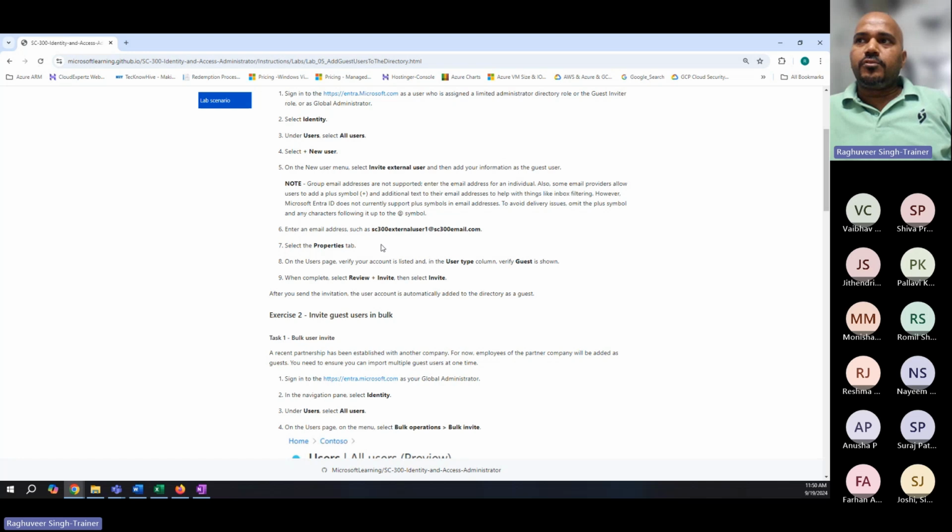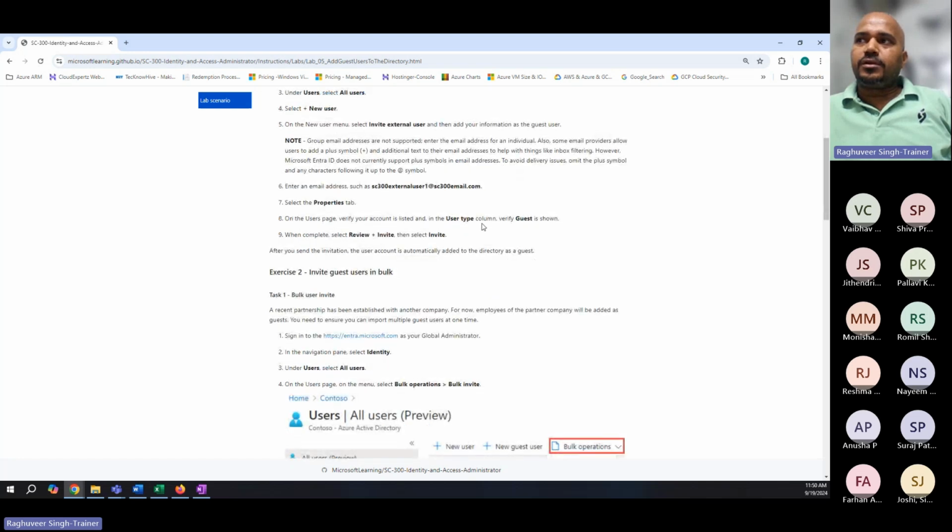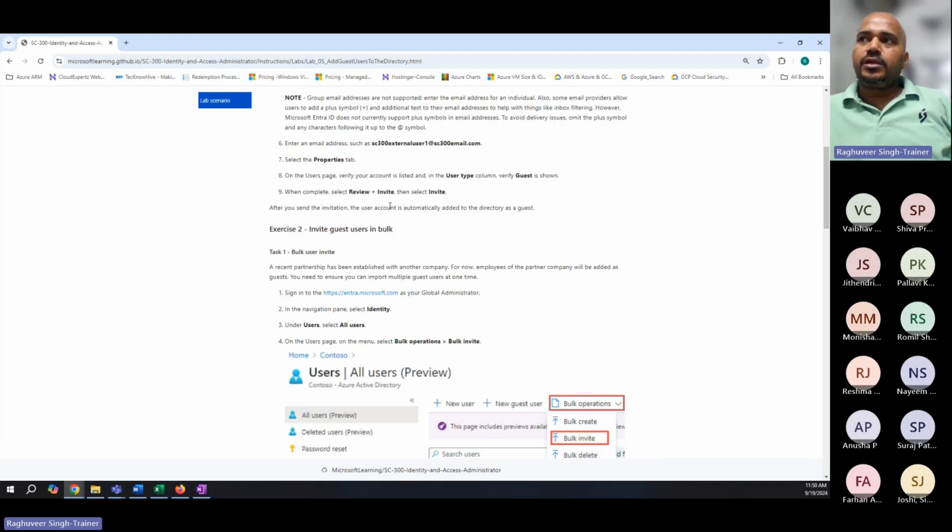Provide some basic information, put the user's email address, and if you want to configure other properties like department, city, address, and whatnot, configure all of it, hit Review plus invite, and invite the user. After you invite the user, they will be automatically added to the directory as a guest.